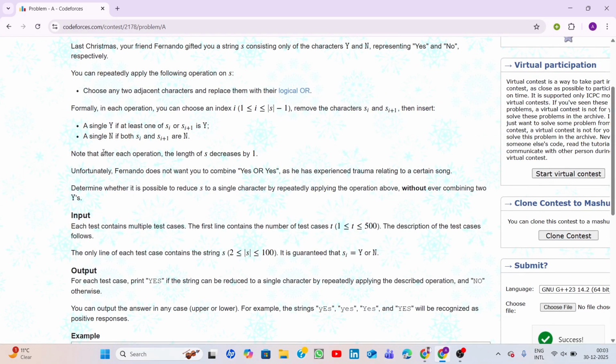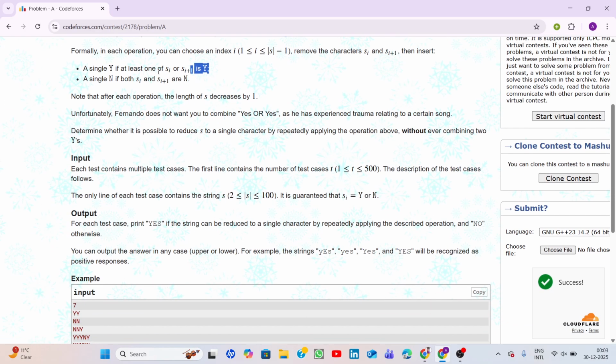If at least one of s_i or s_{i+1} is Y, we can remove both and insert a Y, and if both are N, then we can remove both and insert an N.